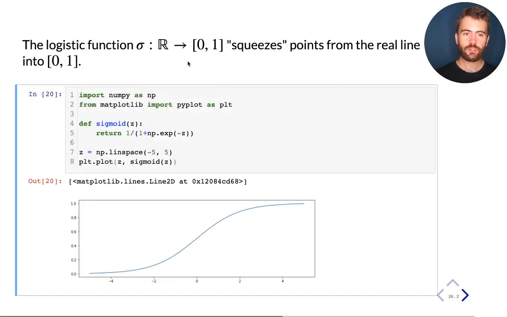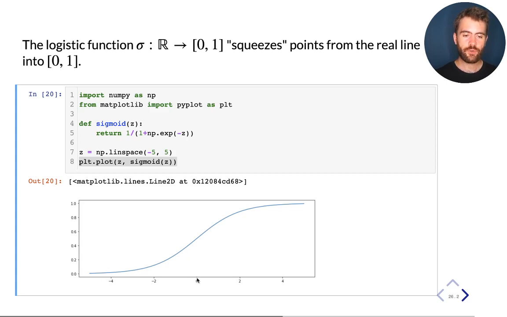So the logistic function maps the real numbers into the interval between 0 and 1. It squeezes points from the real line into the unit interval between 0 and 1. And we can define this function in Python, and we can visualize it here between -5 and 5, and it takes the following form. It looks a little bit like the letter S, which is why it's also called the sigmoid function, or it's also known as the logistic function.